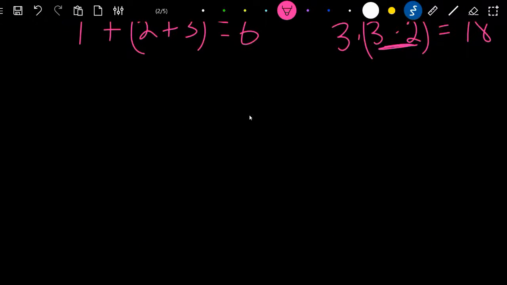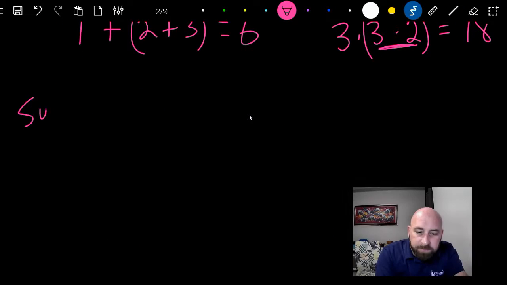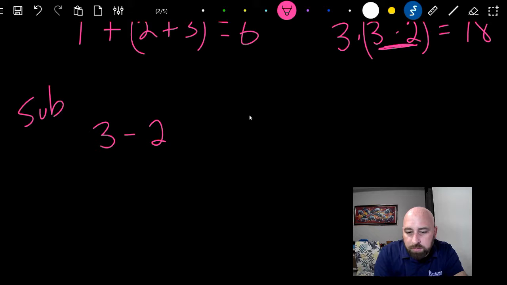Okay, so let's look at subtraction. 3 minus 2 minus 1. If we just do that straight across, we get 3 minus 2, 1, 1 minus 1, 0. All right, so now let's group them together.